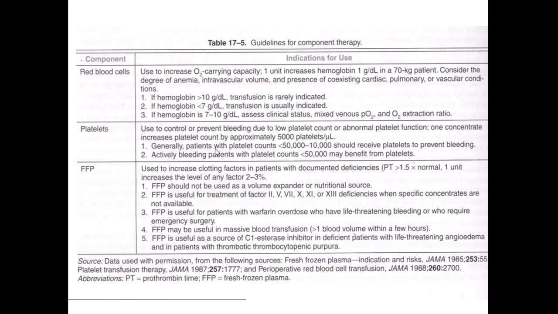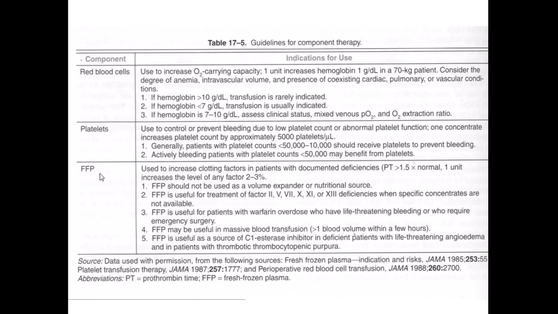Generally, patients with a platelet count less than 50,000, or between 10,000 and 50,000, should receive platelets to prevent bleeding. Otherwise, the patient will bleed. An actively bleeding patient with a platelet count less than 50,000 may benefit from platelets. So sometimes we need just to give platelets, just one concentrate.